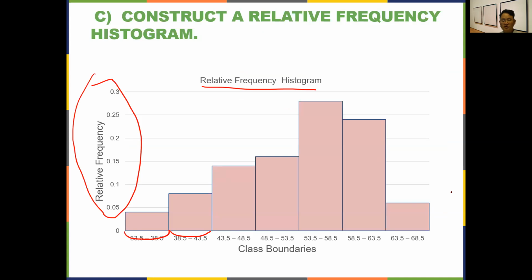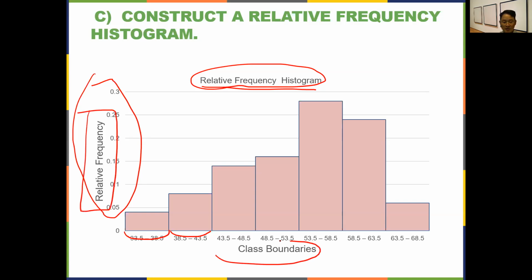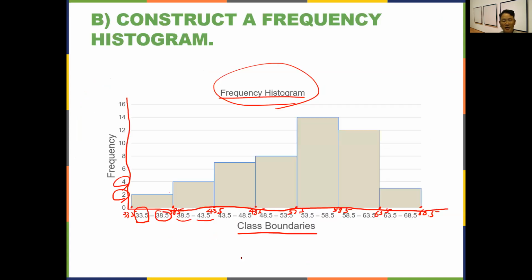And it follows the same technique and calculation, right? So for the relative frequency histogram, you use relative frequency here, and you use the same class boundary here. And for the frequency histogram, of course, you use just frequency here and class boundary here, right?